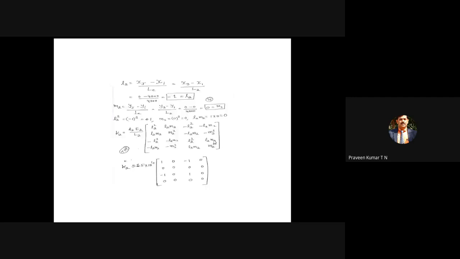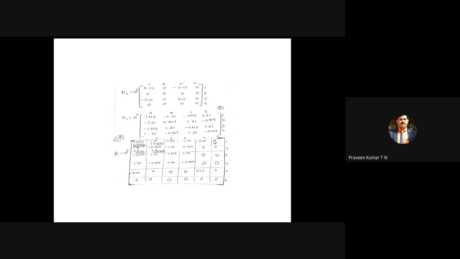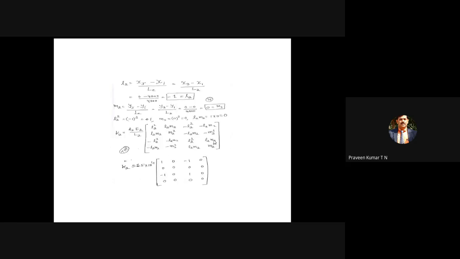In the similar way, you have to do it for the second element. The second element is shown here. For the second element, your ith node is 1 and the jth node is 3. The degrees of freedom for the ith node are Q1 and Q2, and for the jth node are Q5 and Q6.